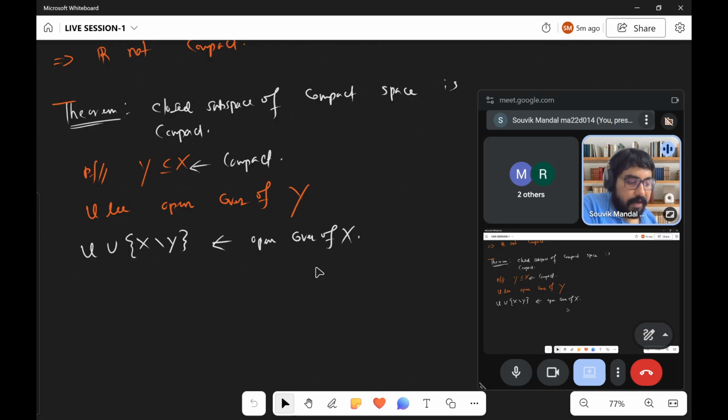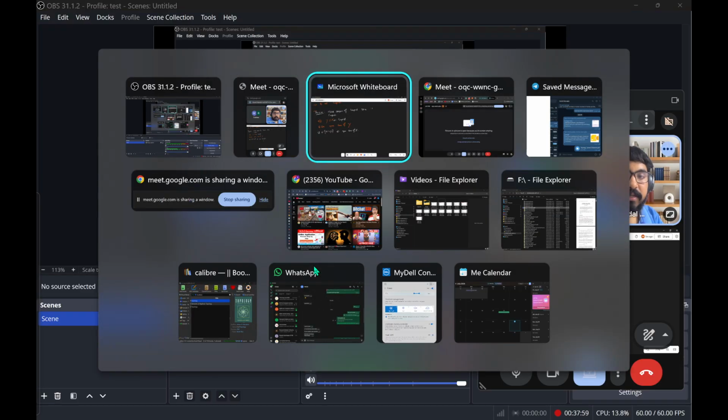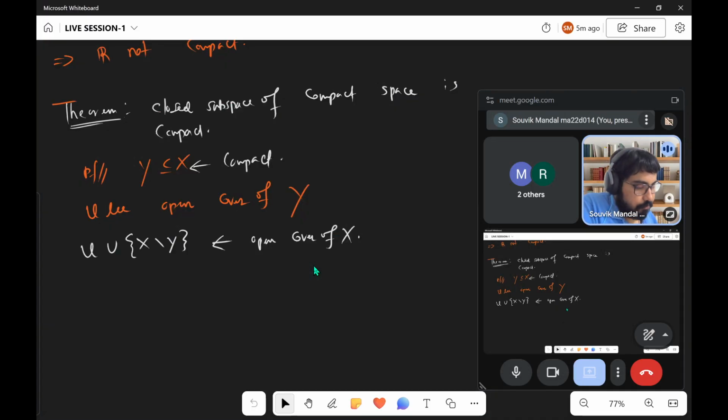Now given the fact that X is compact, that means any open cover of X has a finite subcover, correct? So we can now use that. So this open cover U union X minus Y also has a finite subcover.